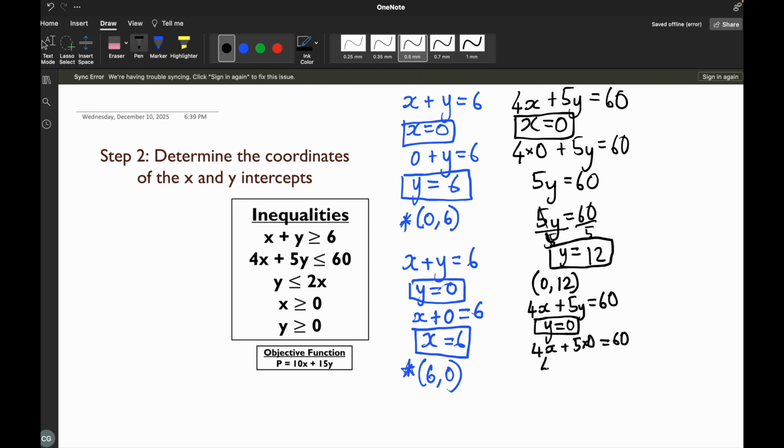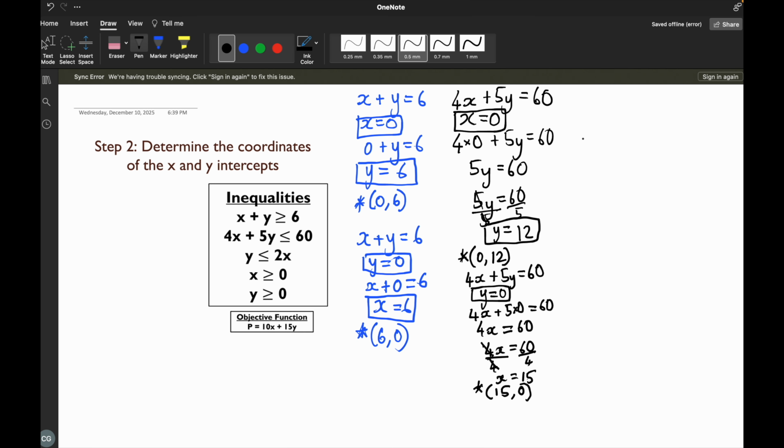So 5 times 0 is 0, and we'll have 4x is equal to 60. Then we try to find the value of x, so we just divide both sides by 4. So x would be equal to 15. So 15 is x when y is 0. So we have our two coordinates here. Does that make sense?